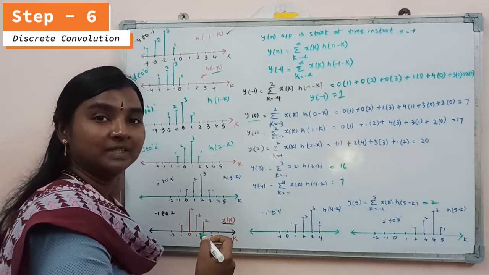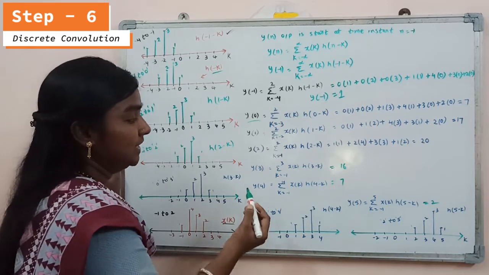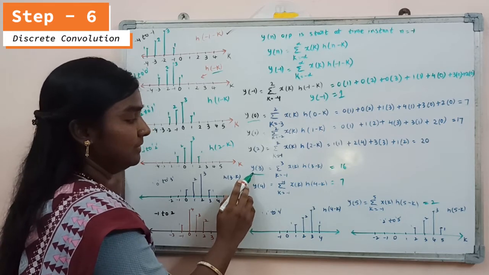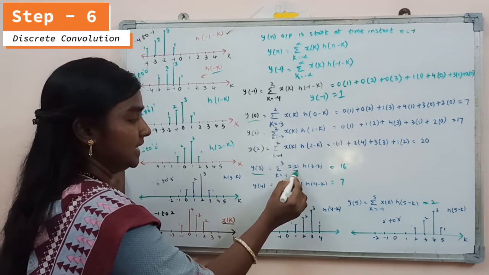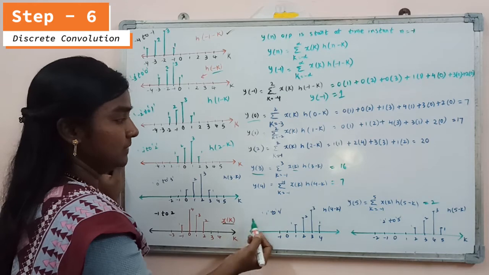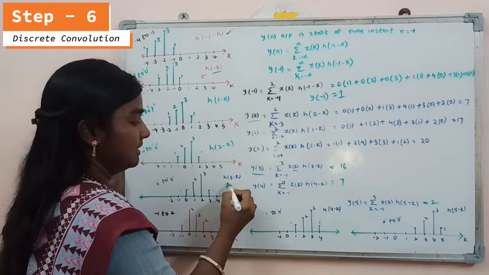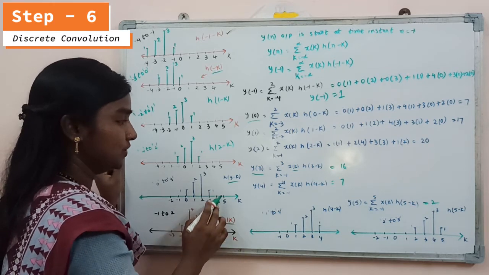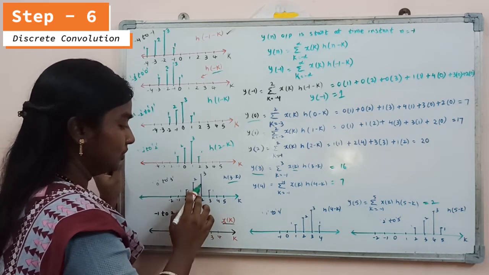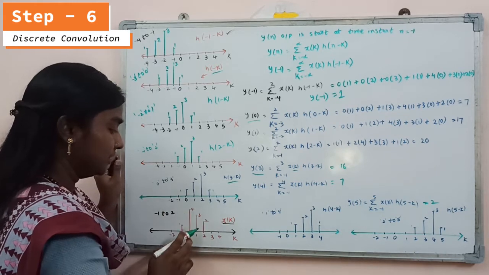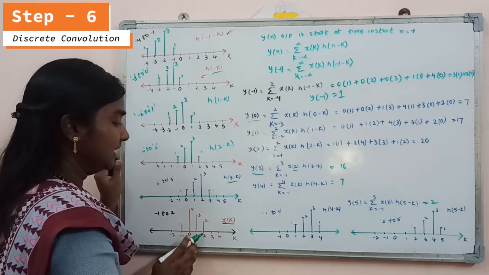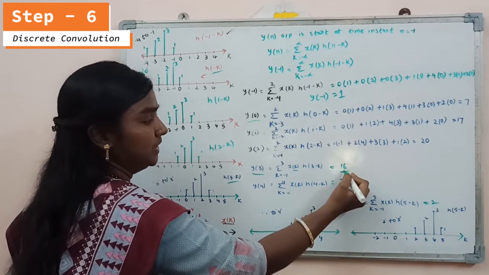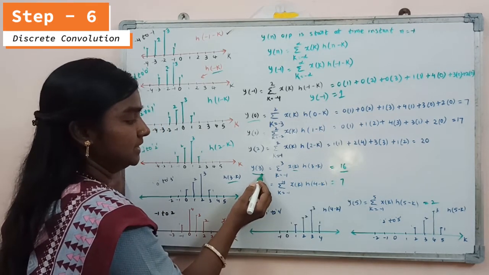Now further moving the time shift n, we may find out the amplitude at the time instant 3, that will be y of 3, by considering x of k signal will be this one, h of 3 minus k signal will be this one. Now by multiplying the amplitudes of these two signals with respect to their time instances and adding those products, we can find out the amplitude is 16 at the time instant 3.